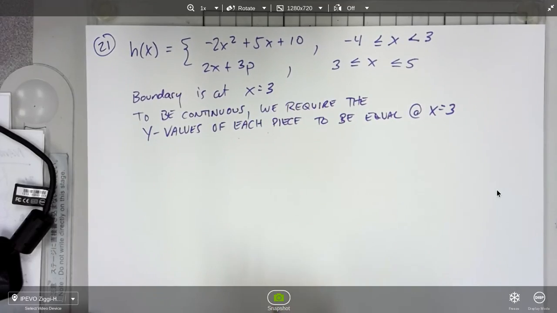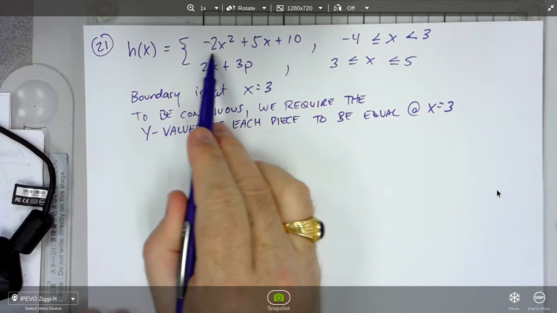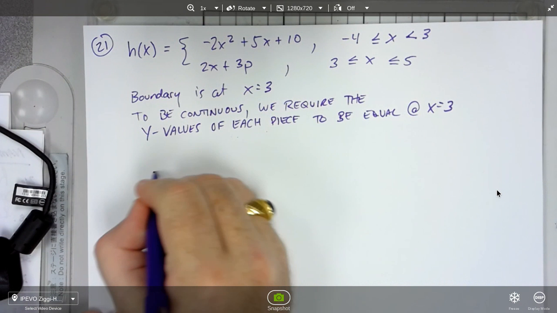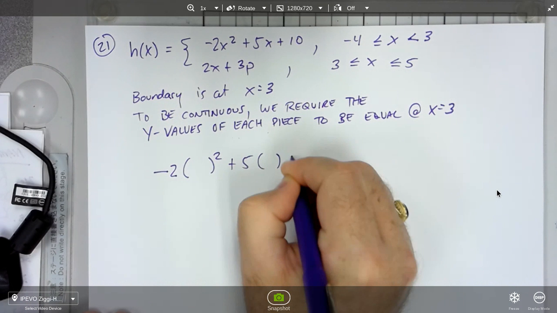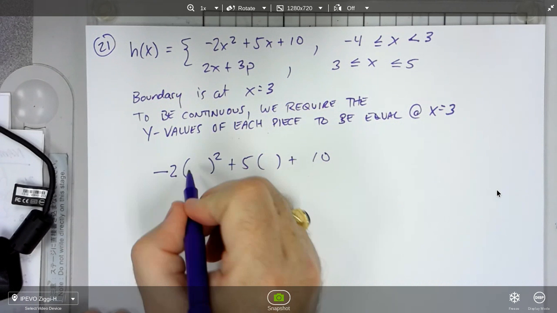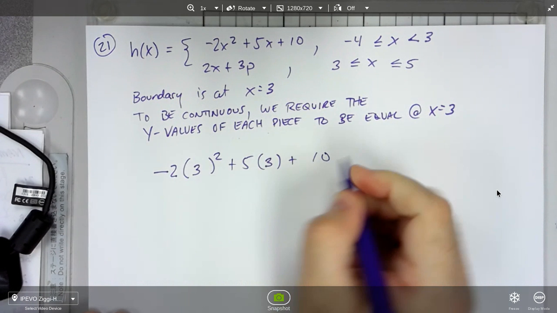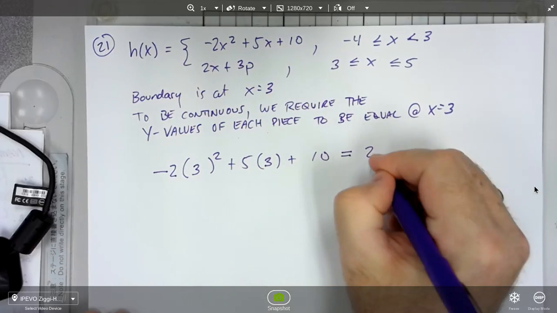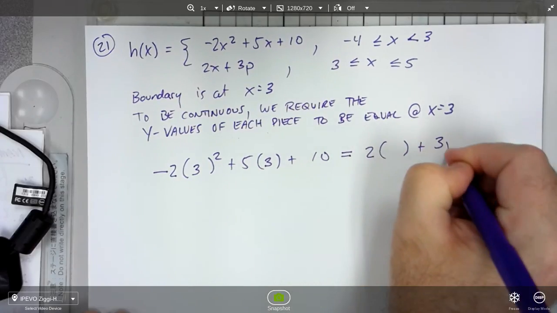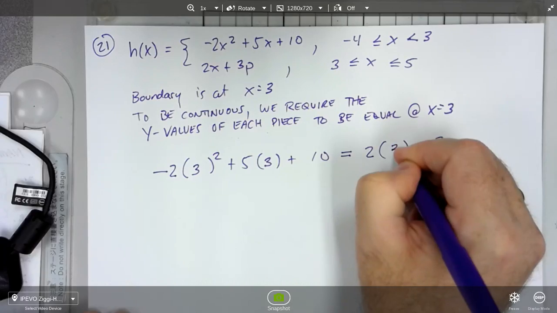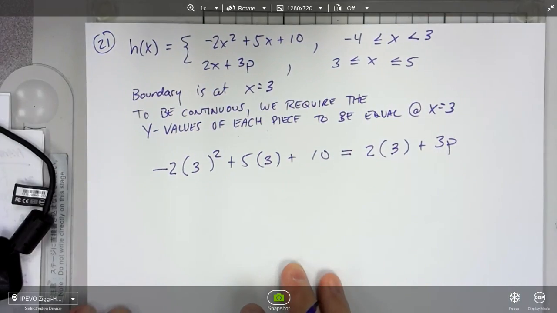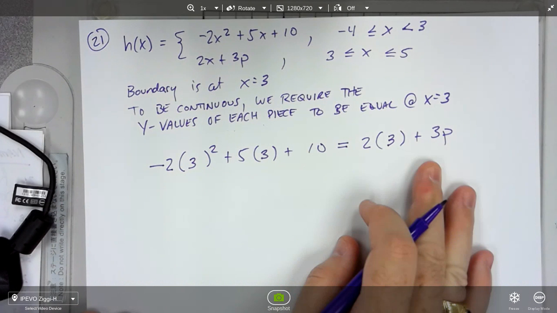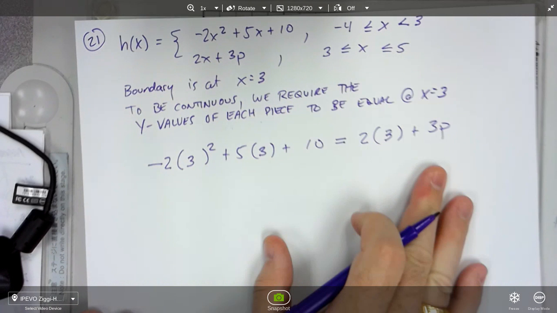So guys, what we're going to do is take this piece, -2x squared plus 5x plus 10 at 3, and say that has to equal 2 times x plus 3p at x equal to 3. And again, once you do that, guys, this is an easy problem.